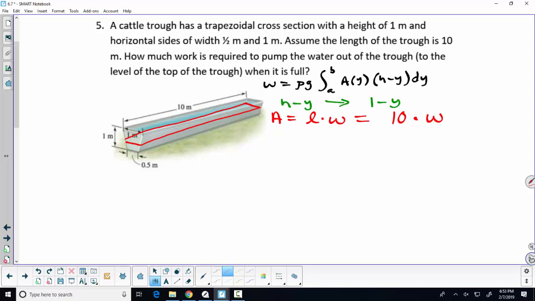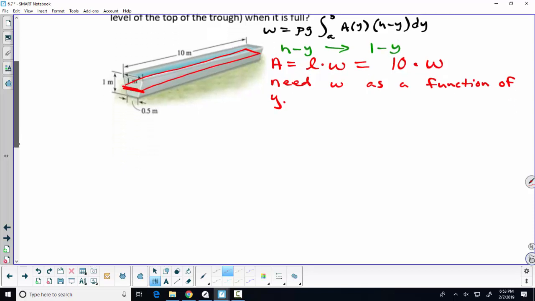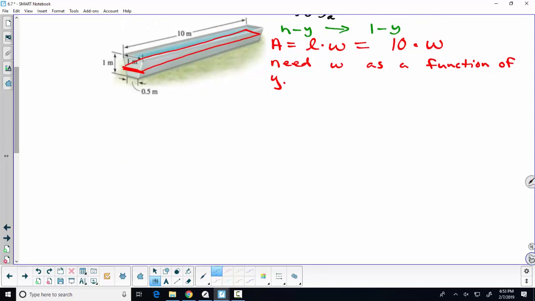What do we need to happen? Yeah, we need the width of the cross section to be in terms of y. So we need w as a function of y. So we're just trying to measure that linear dimension.